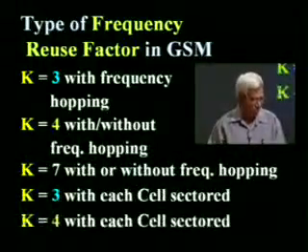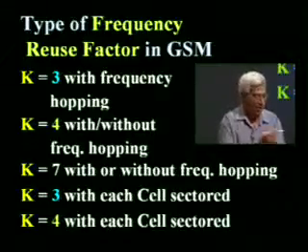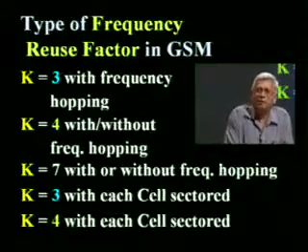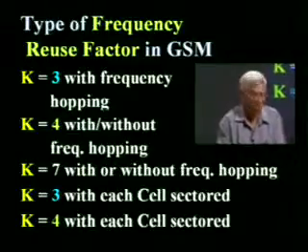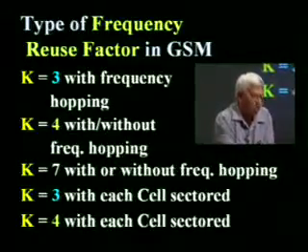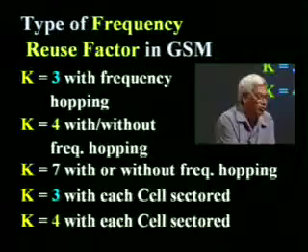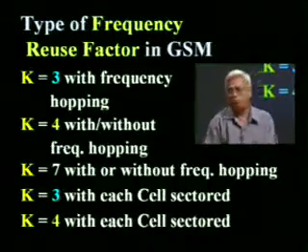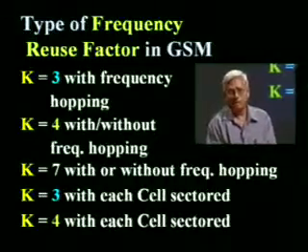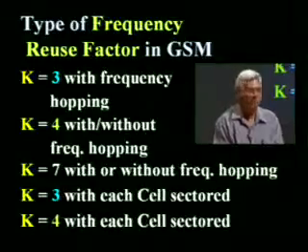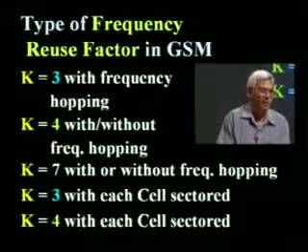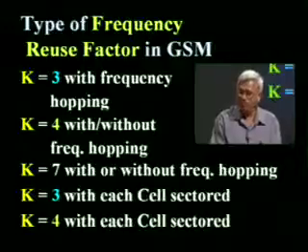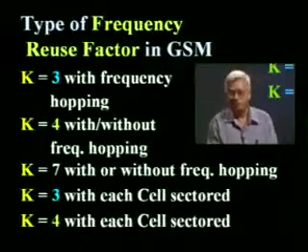So, where do you use these things? K may have value 3, used with frequency hopping. K equal to 4 with or without frequency hopping. Students who have gone through mobile communication understand that frequency hopping is used in CDMA systems.